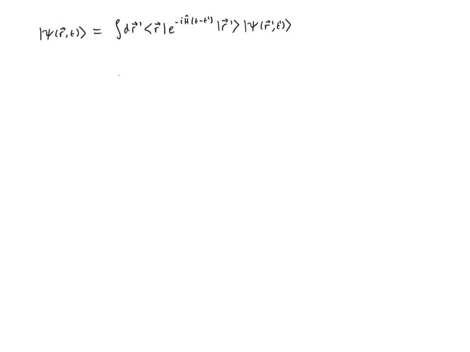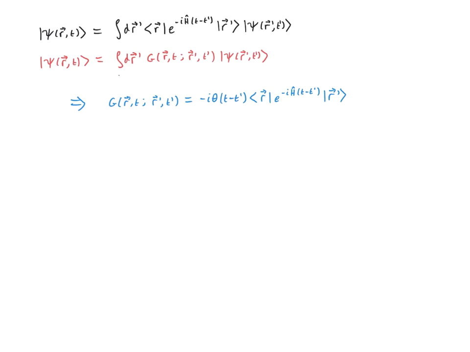The wave function psi of r and t is therefore equal to an integral over dr' of psi of r' and t' multiplied by this matrix element that connects r to r' under the time evolution operator. But using our Green's function formulation, we have a very similar kind of equation. Comparing these two allows us to get an explicit expression, in this case, for the Green's function.